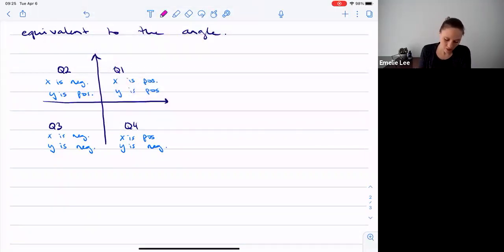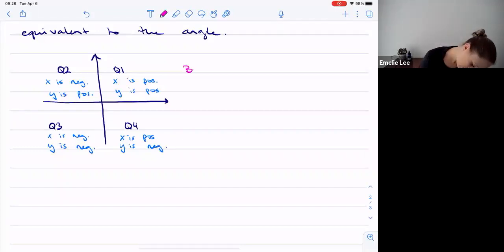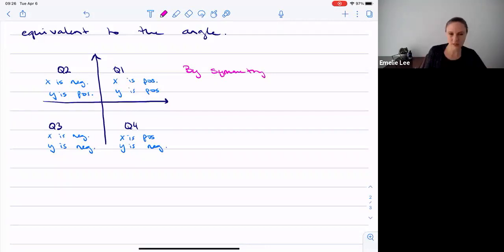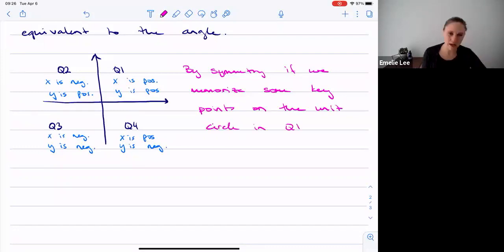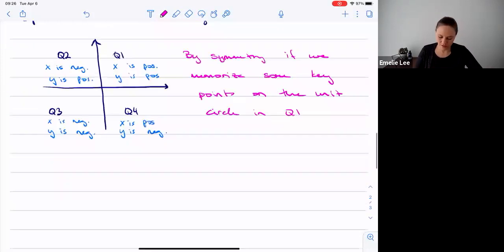So if we memorize some key points on the unit circle in quadrant 1, we can use those to find points in the other 3 quadrants.